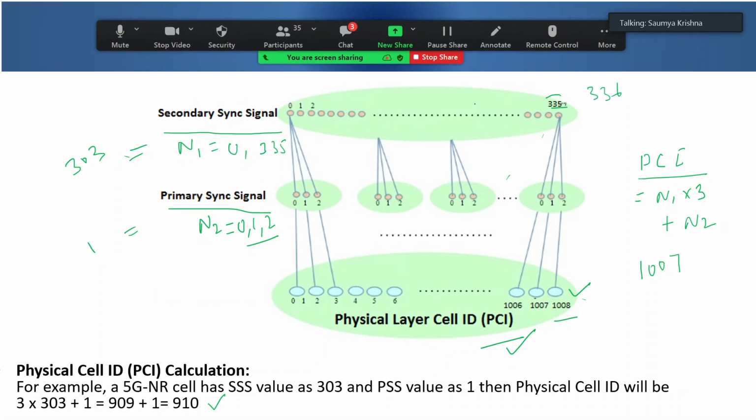Yes, there's some mistake in this particular picture. Maybe you are right that up to 1008 values are there perhaps. The 1008 written in this picture may be wrong. It may be 1007, which I can confirm by looking into the specification document later on.